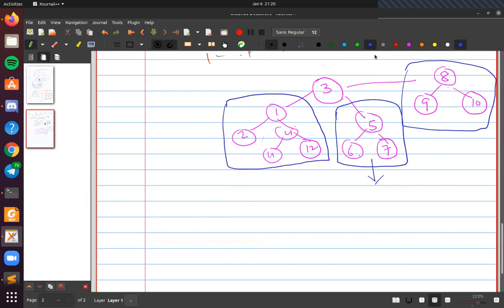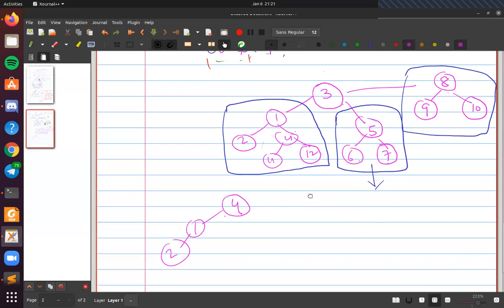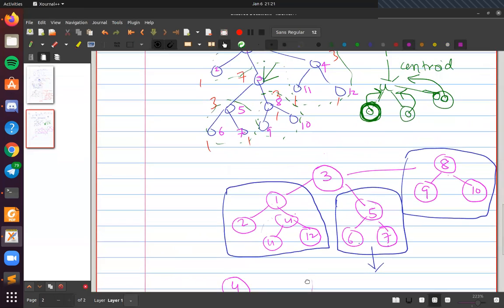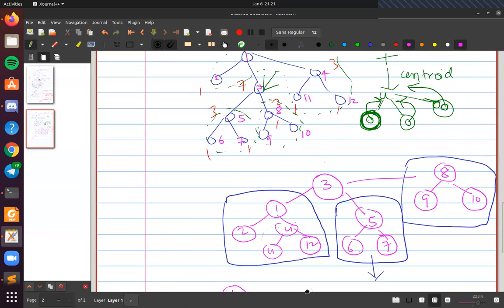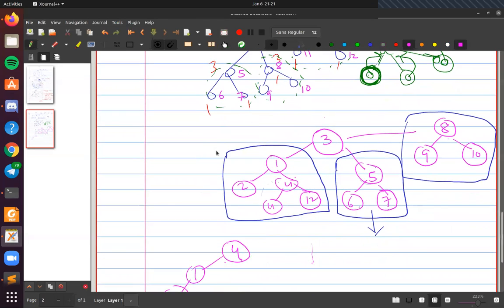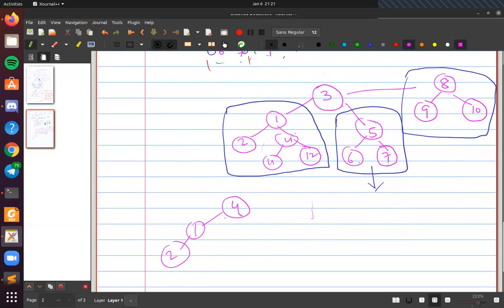So it will be like 4, and then 1, 2, 4, 11, 12.